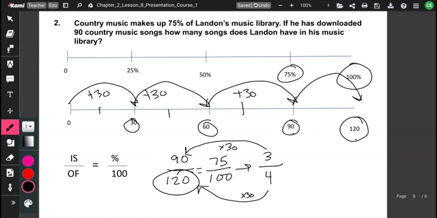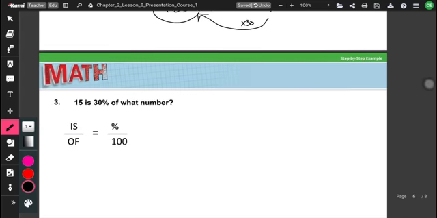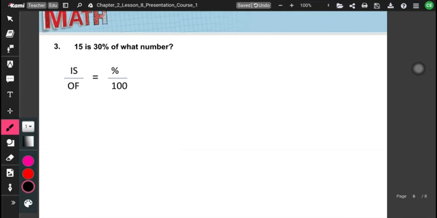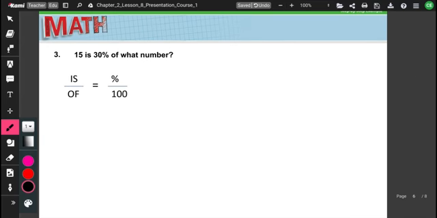Example 3 is on page 157. So again, we're doing is over of, which will be very simple and easy to do. We have 15 is 30%, which is equal to 30 over 100, always 30 over 100, of what number? We don't know what number needs to go here yet.